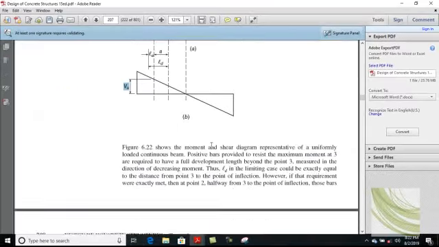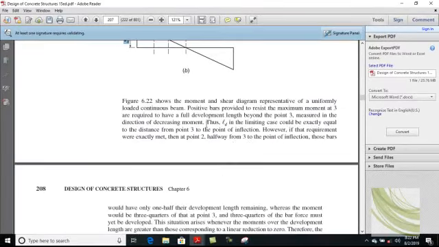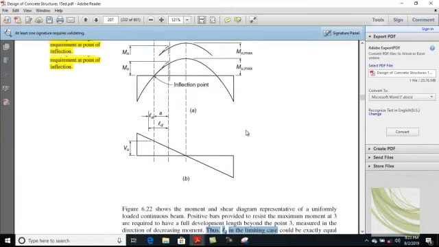Thus Ld in the limiting case could be exactly equal to the distance from point 3 to the point of inflection.